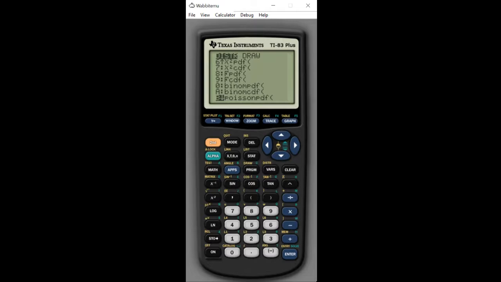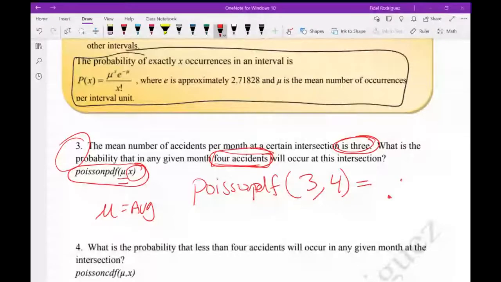There it is, Poisson Pdf. We said the average number of accidents was 3, and we're looking at exactly 4 accidents. Now I'm going to hit enter, and the number I'm coming up with for that example in the notes is 0.168, right? So back here, this number here is 0.168.